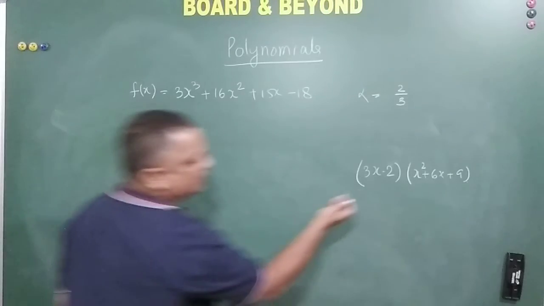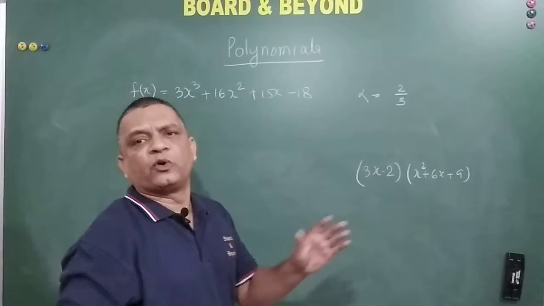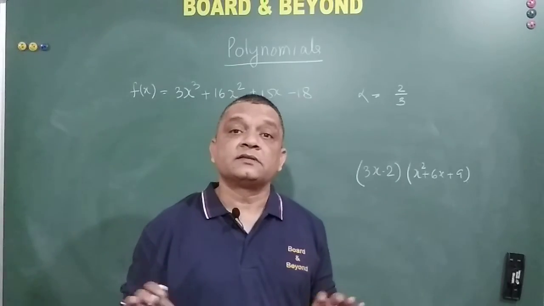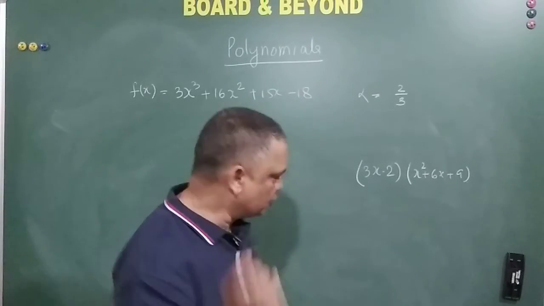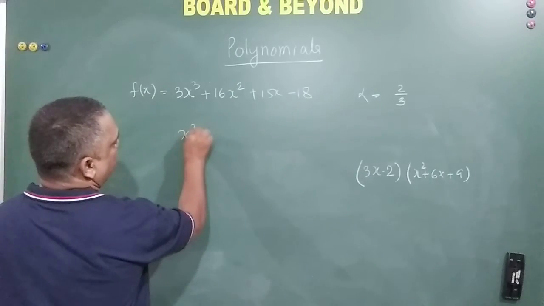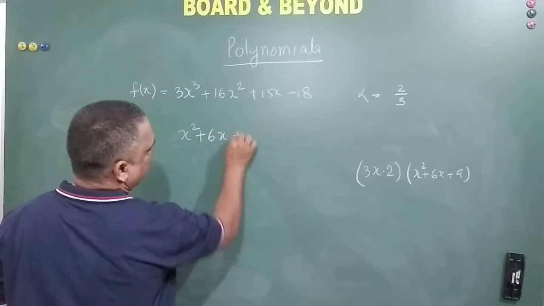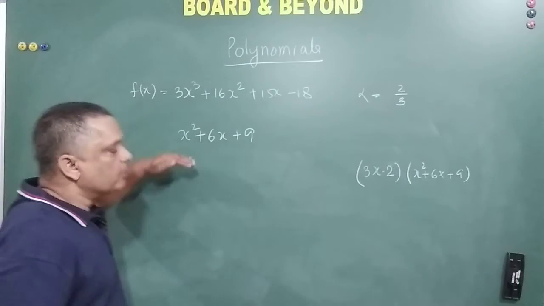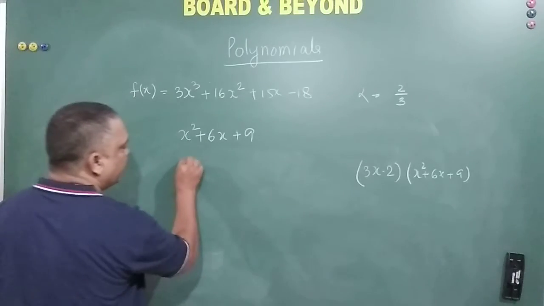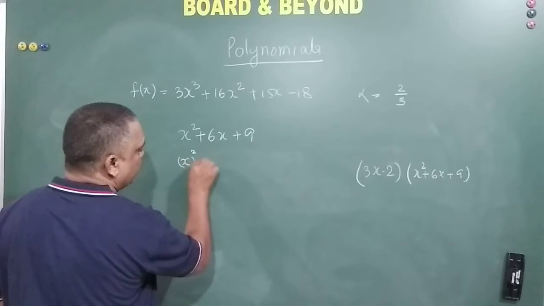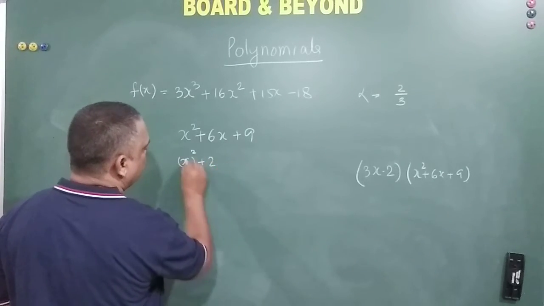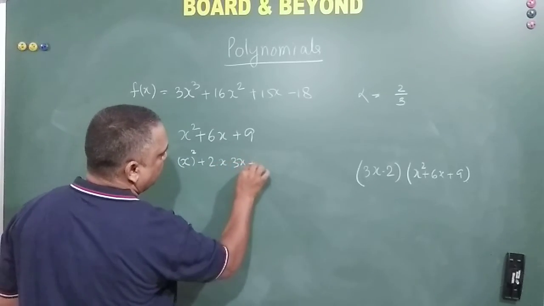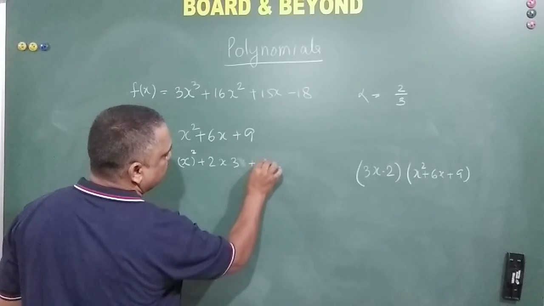Now you see, this is linear and cannot be broken any further. This is a quadratic polynomial, and there are chances that we can break it further. Let's take it up head on. Friends, do we observe anything here? That this is of the form a square plus 2ab plus b square.